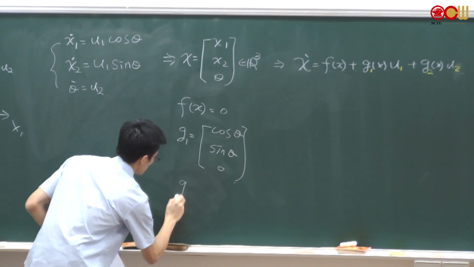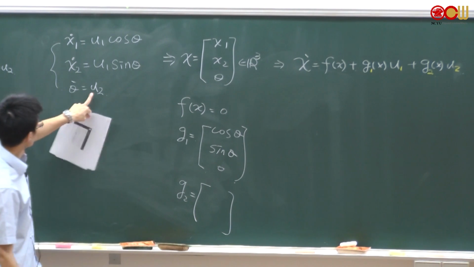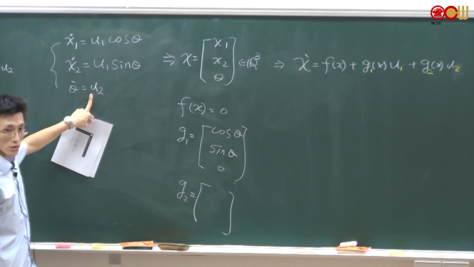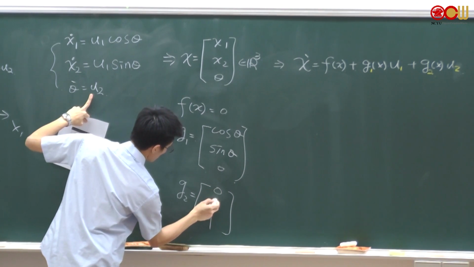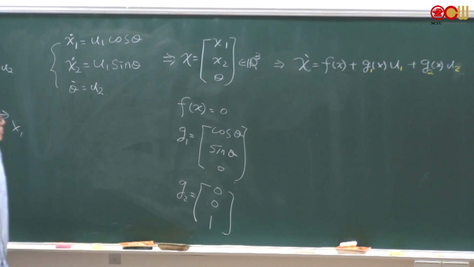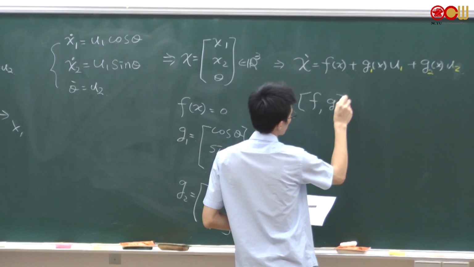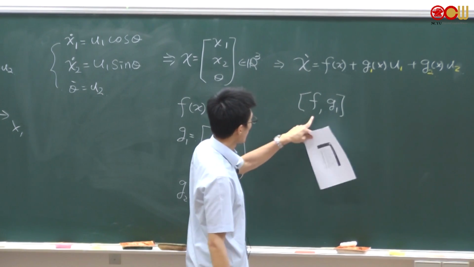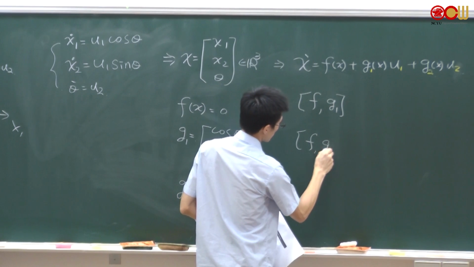And G2 is the coefficient of U2, which is 0, 0, 1. Okay. Let's try F and G1, and you can also try F and G2.